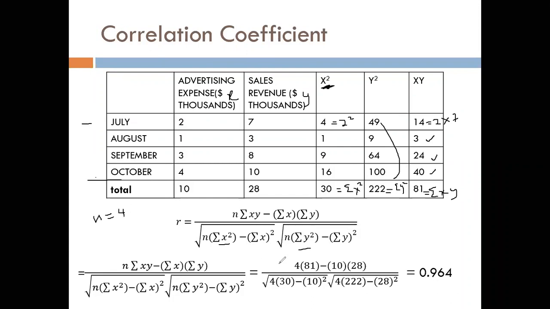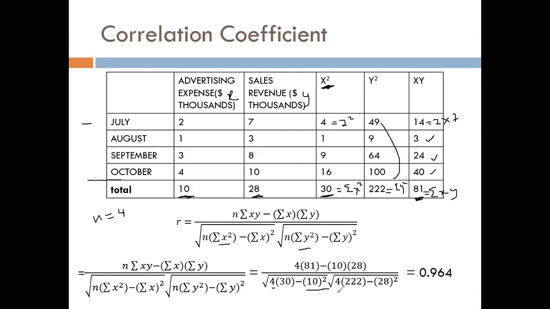When we substitute into the equation, we get 4 times summation xy, which is 81, minus summation x, which is 10, times summation y, which is 28, all over the square root of 4 times summation x squared, which is 30, minus summation x, which is 10 squared. The square affects just this 10, take note.